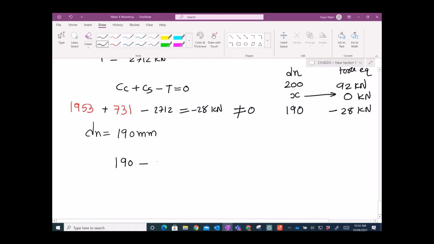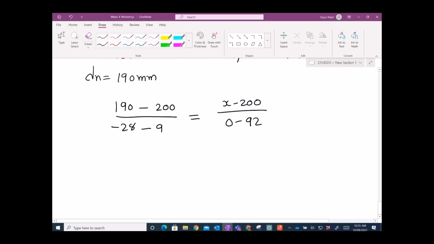190 millimeters over 200 millimeters equal to minus 28 minus 92 equal to, you can say x, take away 200 over 0 take away 92. So if you just simplify that as a dn value, you will get 192 millimeters, very close to that value.